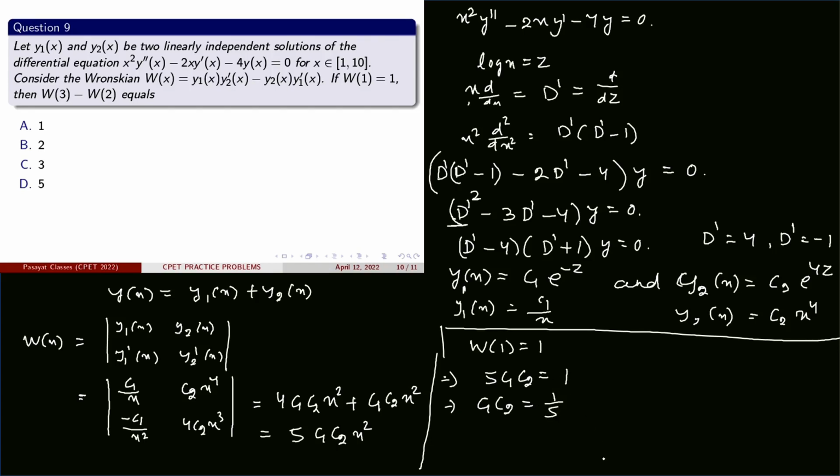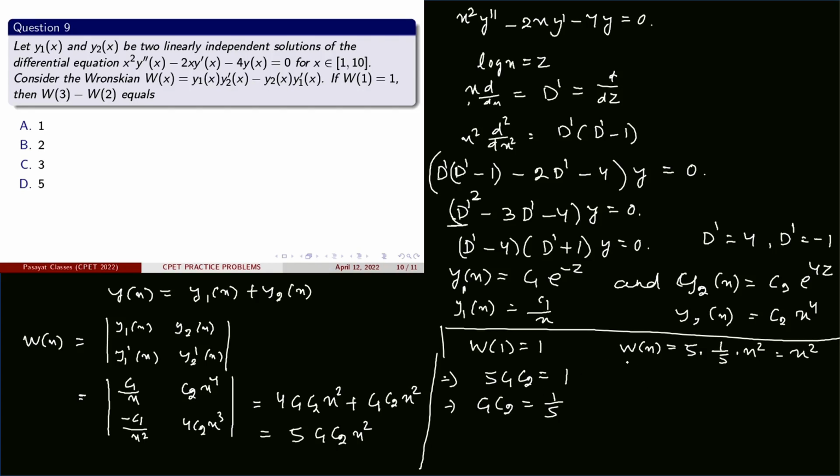So on putting the value of C1 C2 is equal to 1 by 5, we can write this W of x is equal to 5 into C1 into C2 is equal to 1 by 5 into x square. So 5 cancels out, given as x square.